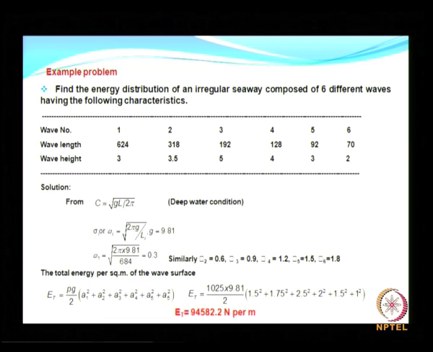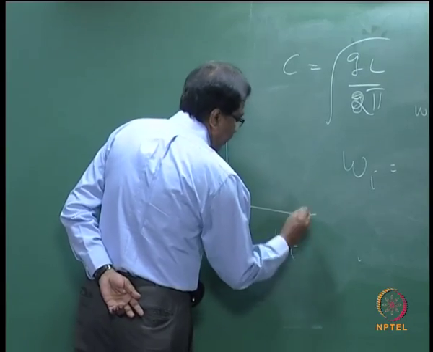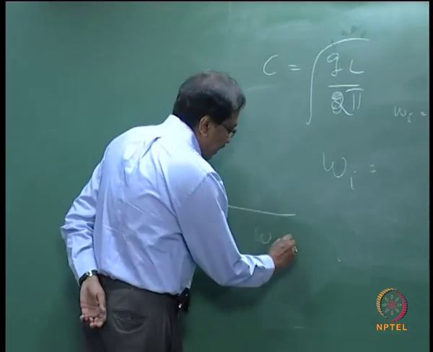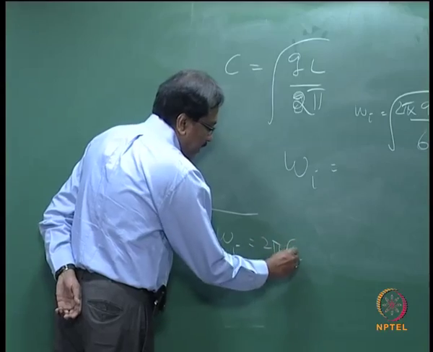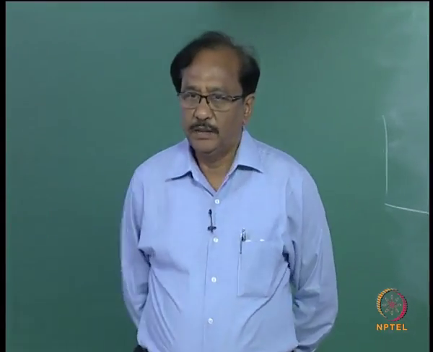So, similarly, I carry out for omega 2, omega 3, omega 4 up to omega 6. So, I am having now omega I, which is nothing but 2 pi f.